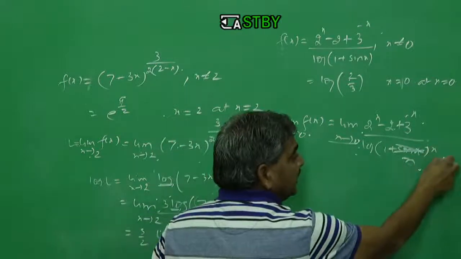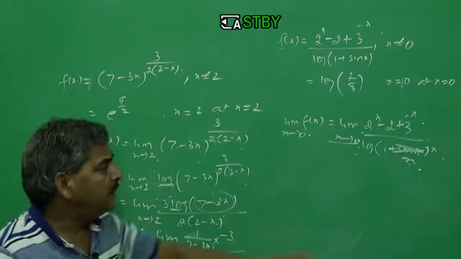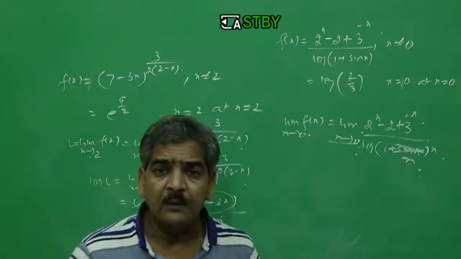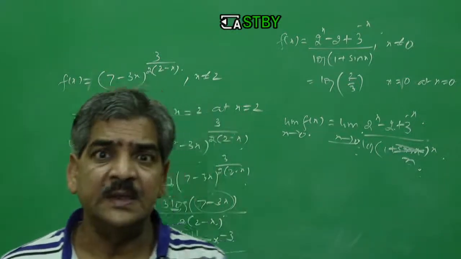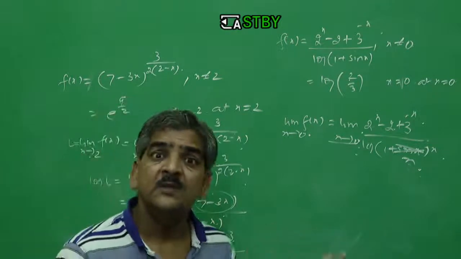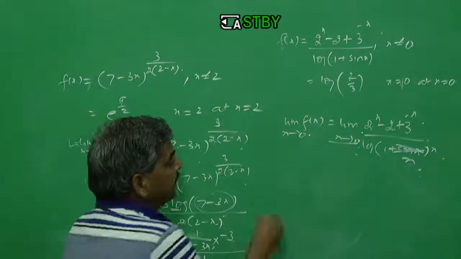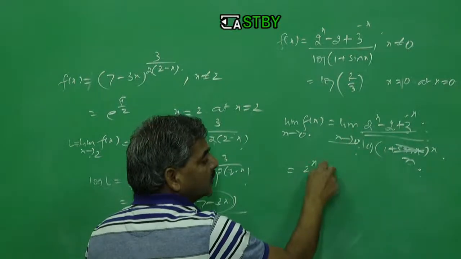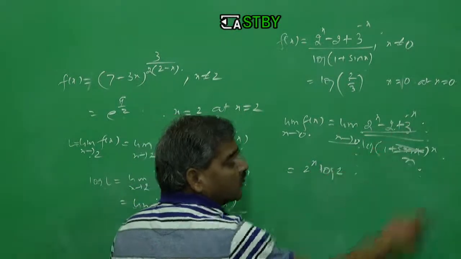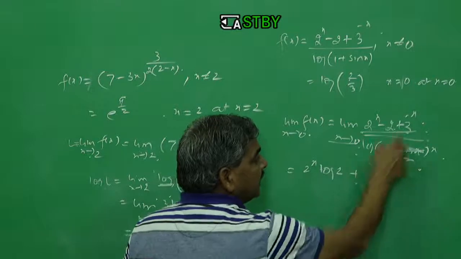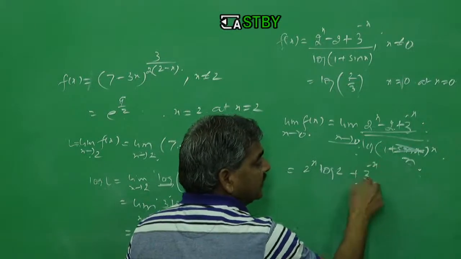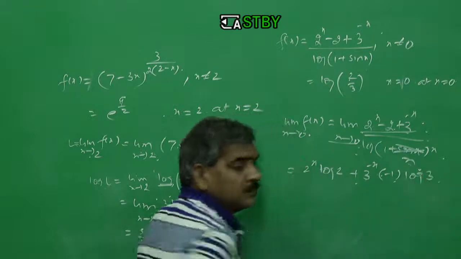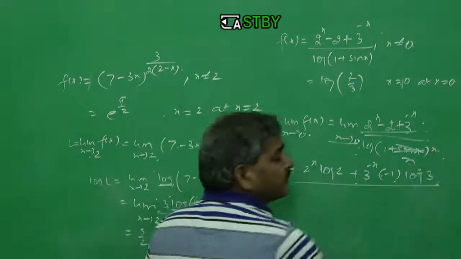So this quantity is x. Now differentiate numerator separately. Derivative of 2 raised to x, log of 2, की derivative 0, plus derivative of 3 raised to minus x into minus 1 into log of 3, whole upon derivative of x is what?